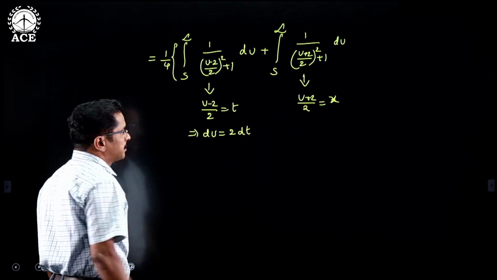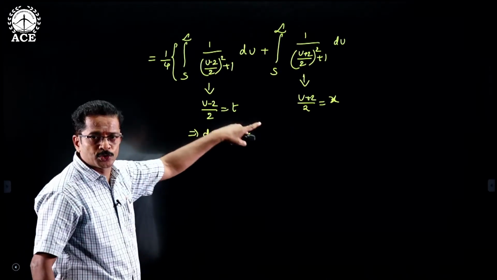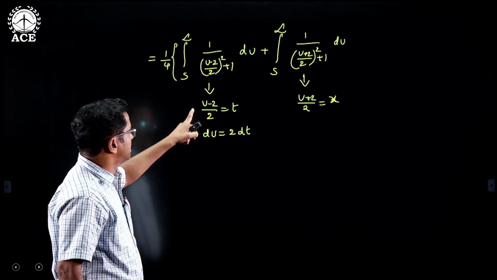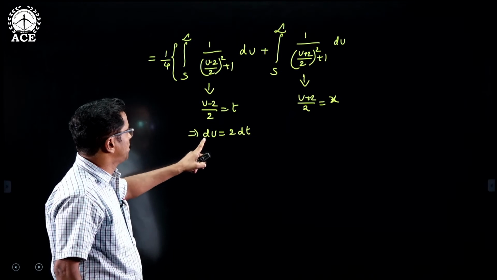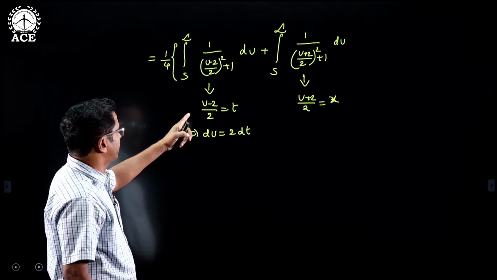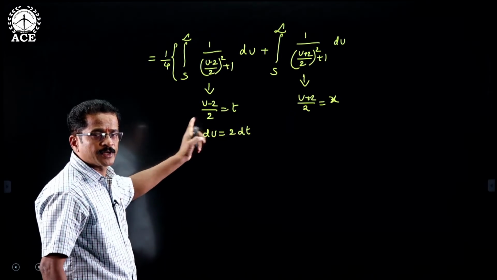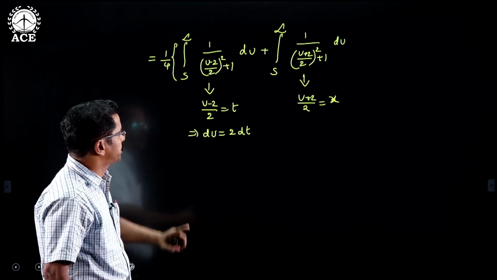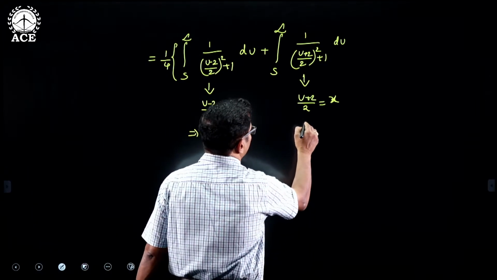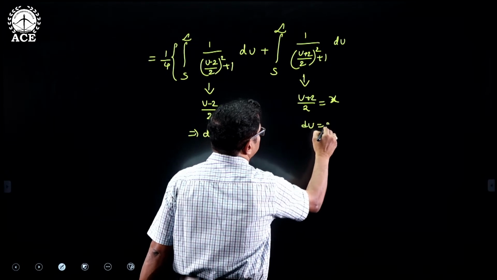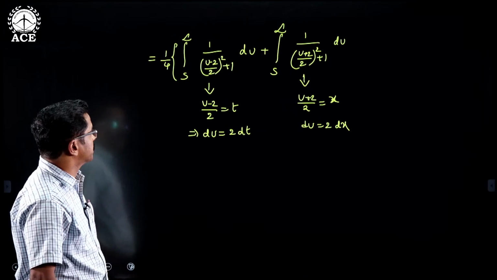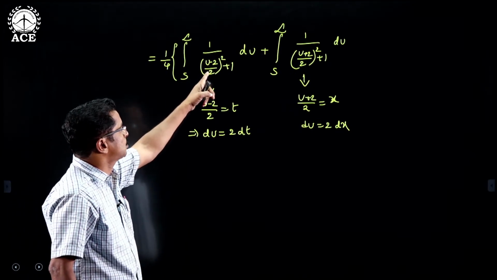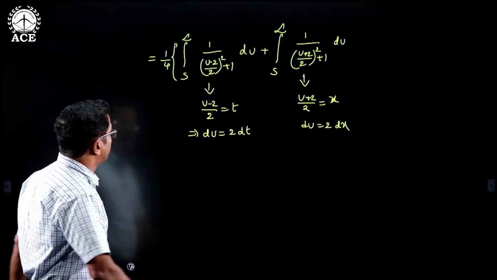As I said previously, u minus 2 is equal to 2t, then differentiation on both sides gives du equals 2 dt. Similarly here also du equals 2 dx. So I have to use separate substitutions, as we have u minus 2 here and u plus 2 there.